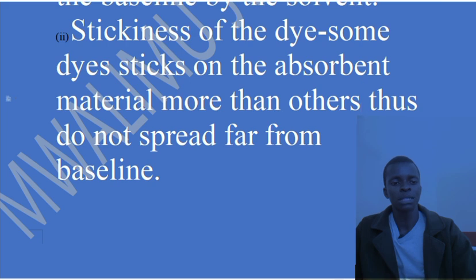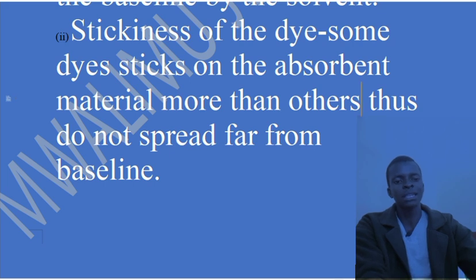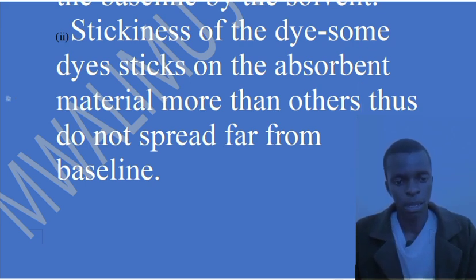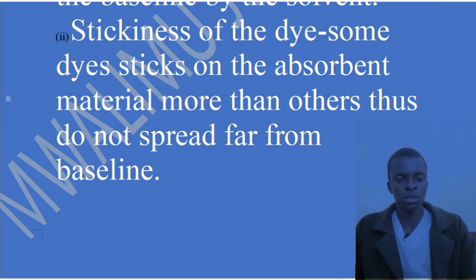Now we have an experiment that can be carried out to see this. We have to investigate the colors in ink. That's the first experiment that can be done. We have different methods that can be used.